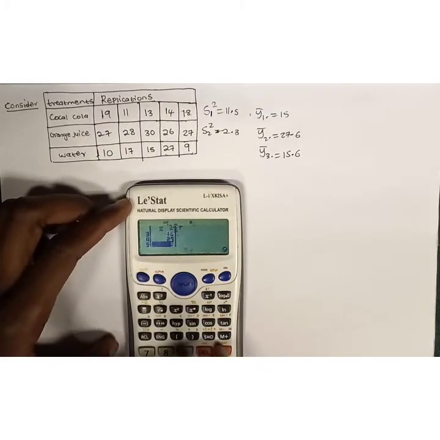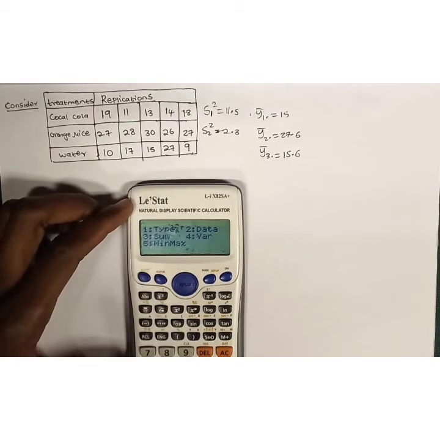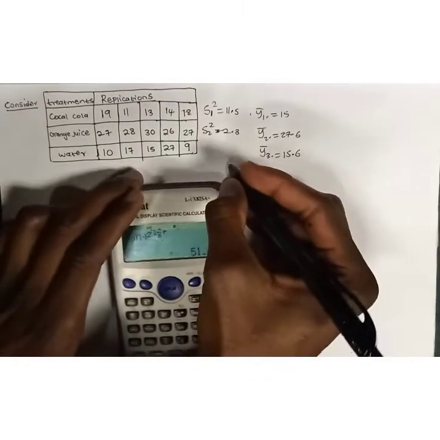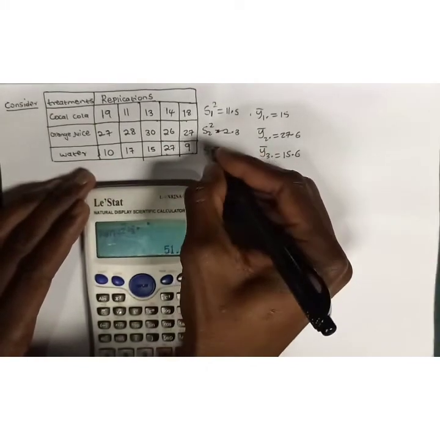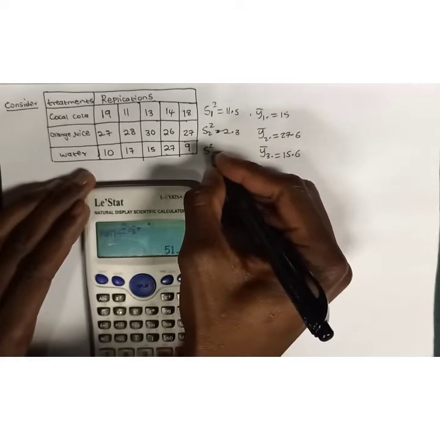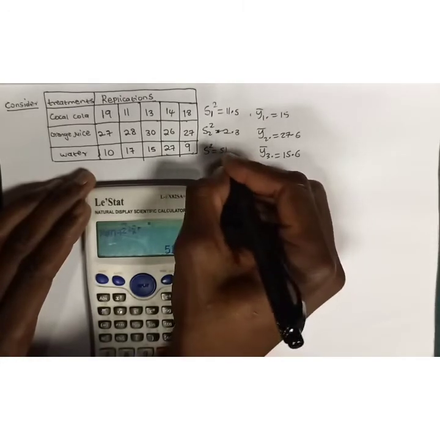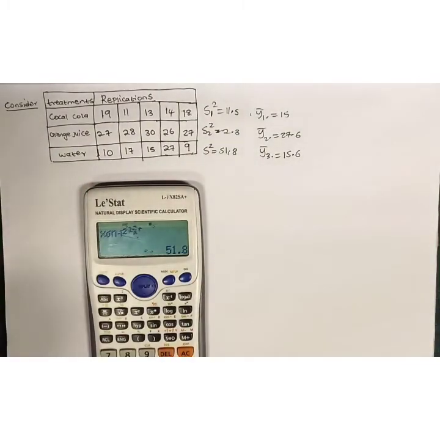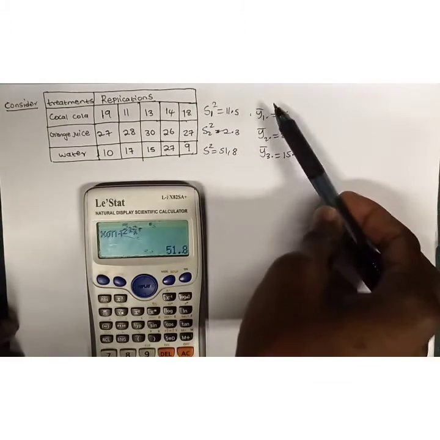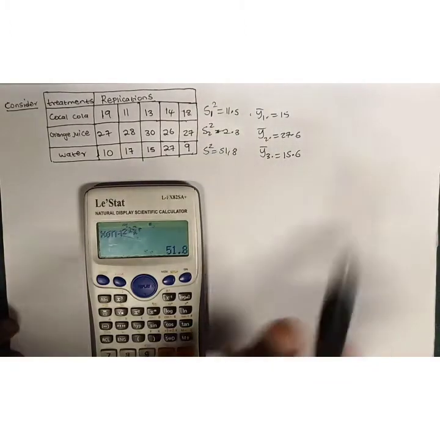Oh, my data is correct. So I'll do this. Yeah, it's indeed. So the variance for this one was given by 51.8. So the easiest way is for you to find the variances and the mean per each treatment. Trust me, with this you never go wrong.